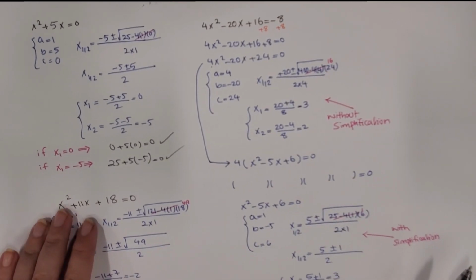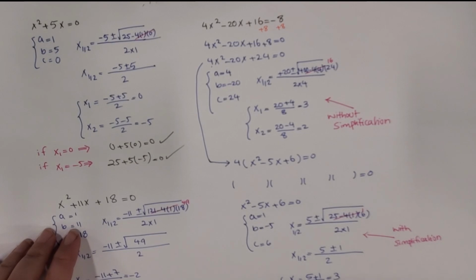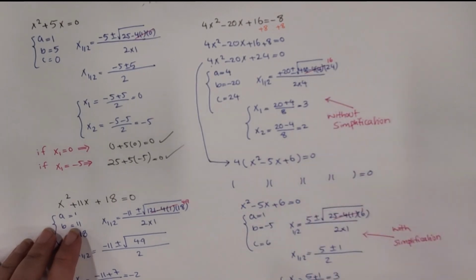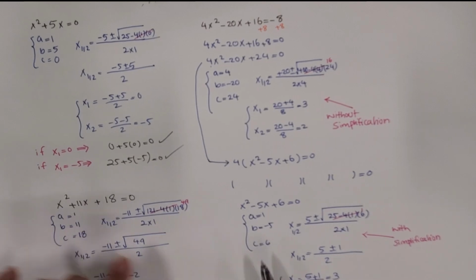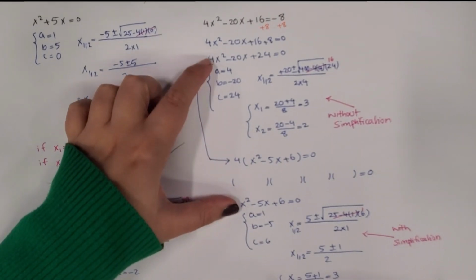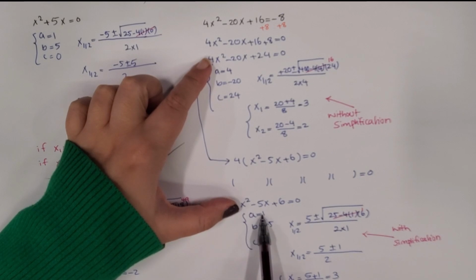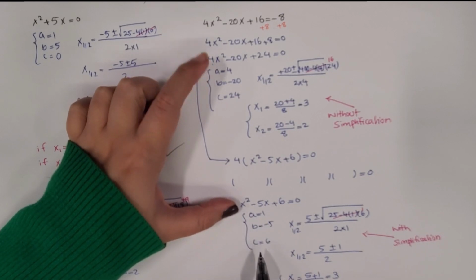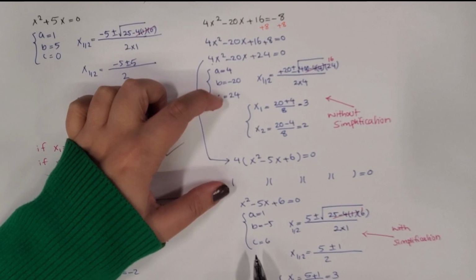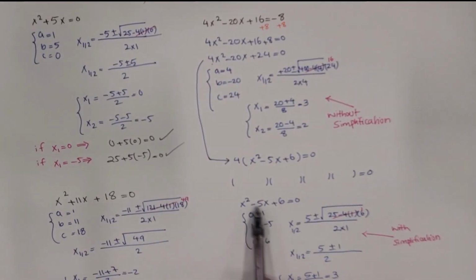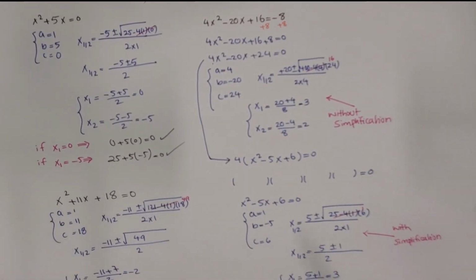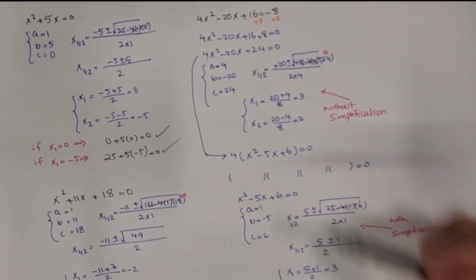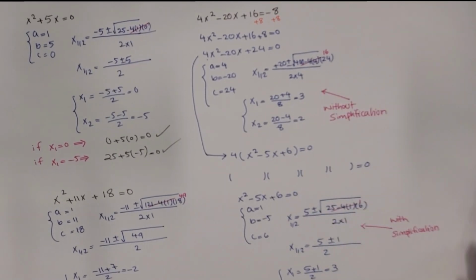So my suggestion to you, try to simplify before jumping into the quadratic formula. Compare these two together. Here you're dealing with negative 5 and 6, but here it's 4, negative 20 and 24. It's much easier to work with the smaller numbers. And you see, it doesn't change your final values.